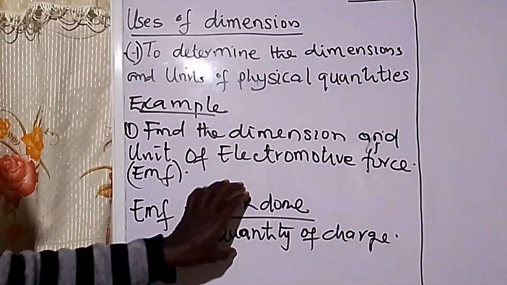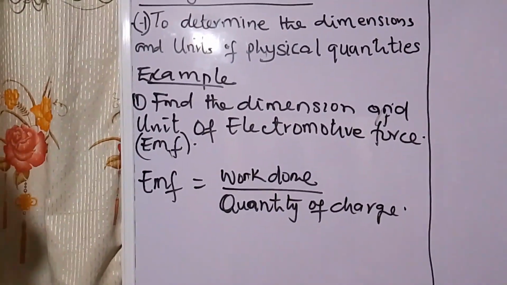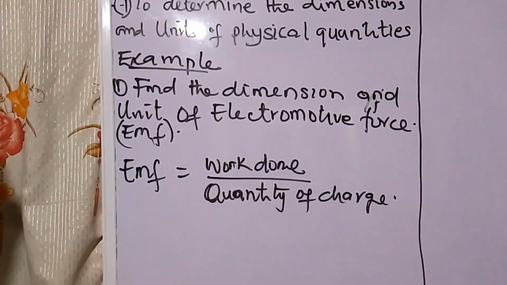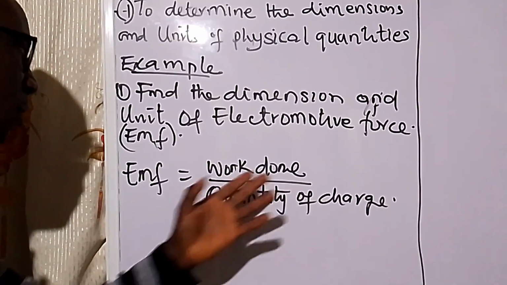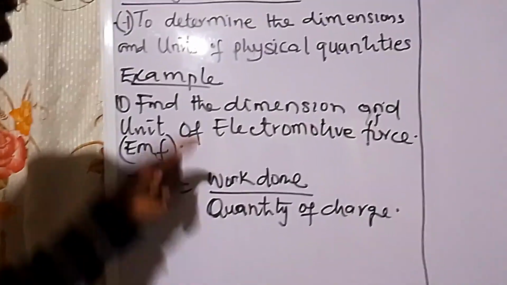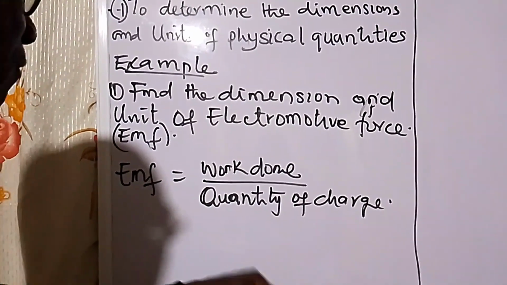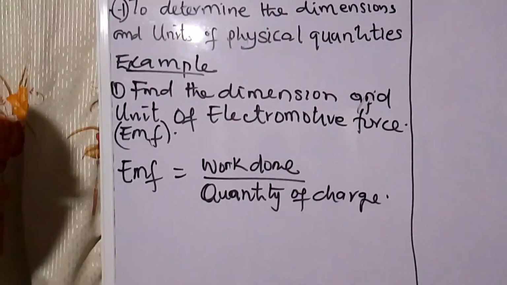The first thing we need to do is to know the formula of that derived quantity. Once you know the formula, next is to look at the formula. If the quantities present in the formula are all derived, then you reduce them to their fundamental level, like what I've written on the board now.